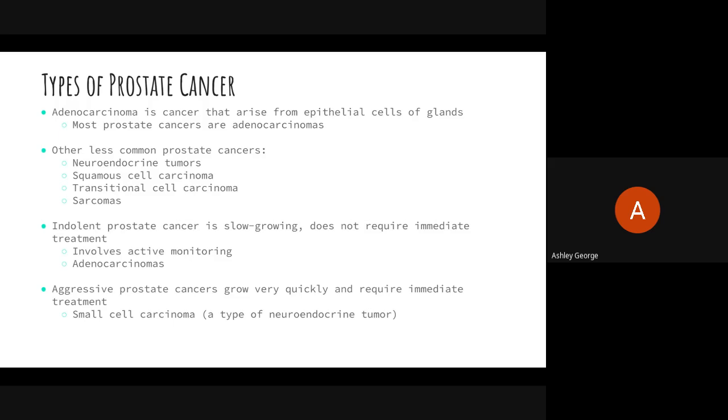And you'll see a lot of adenocarcinomas are this indolent prostate cancer. And then the more aggressive ones grow very quickly and often require immediate treatment to avoid the cancer from spreading to other tissues and other organs. And this will often be like the neuroendocrine tumors, the small cell carcinomas, a lot of times are the more aggressive prostate tumors.